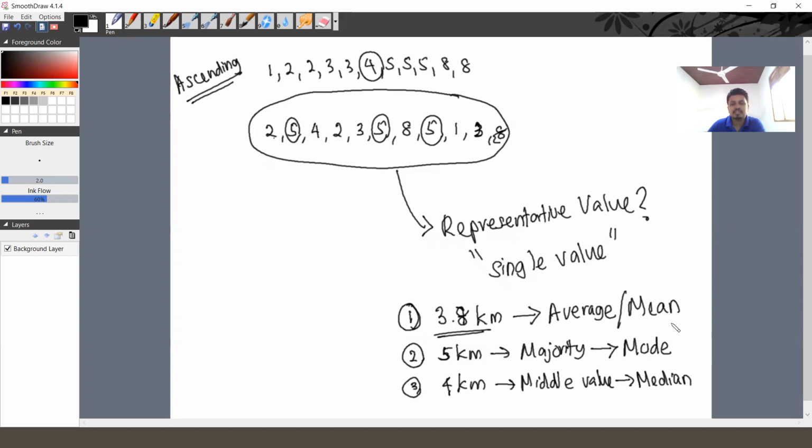Right? So these are what we call measures of central tendency. Measures of central tendency කියලා අපි සාමාන්‍යයෙන් කියන්නේ මෙන්න මේ measures වලට, mean, median, mode වලට. Right?